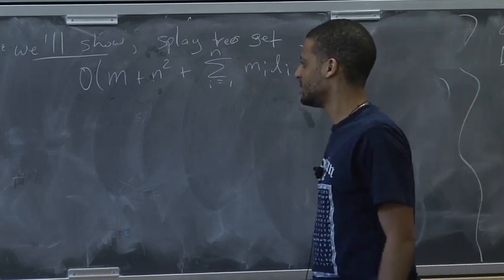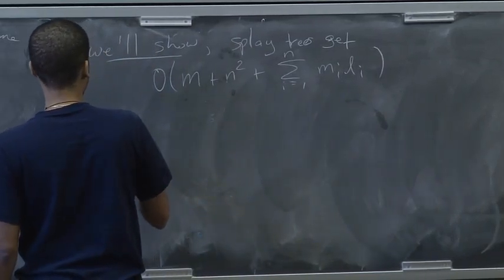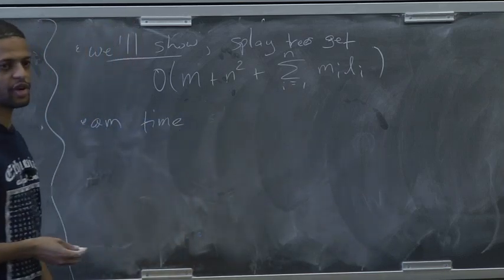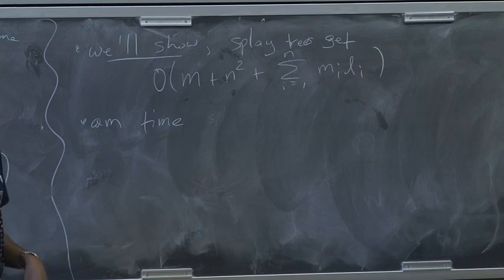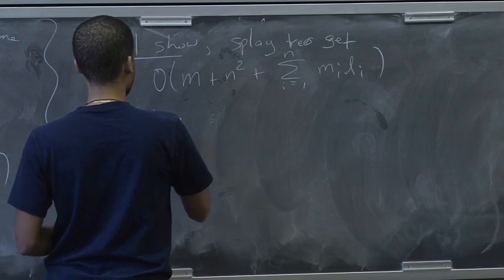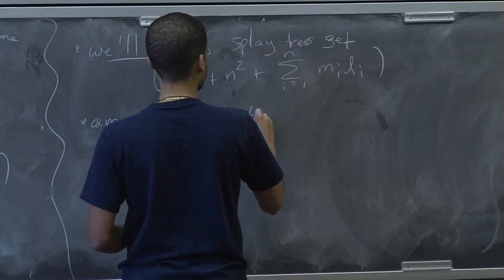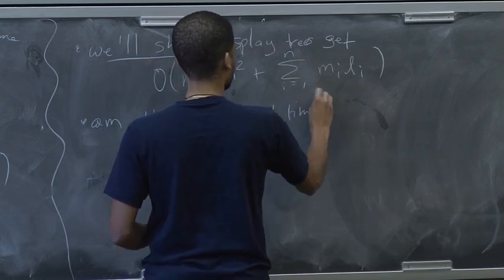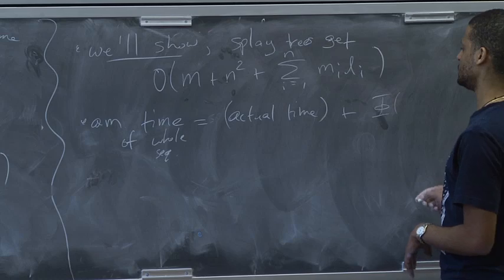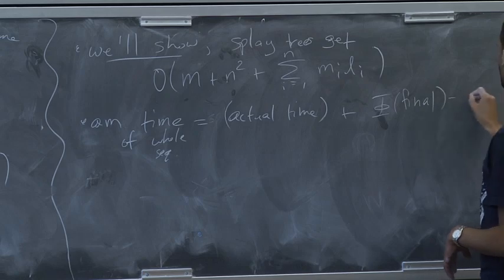Okay, so good. So remember that the amortized time for an operation is the actual time plus the difference in potential. So the amortized time of the whole sequence is the actual time plus the final potential minus the initial potential.